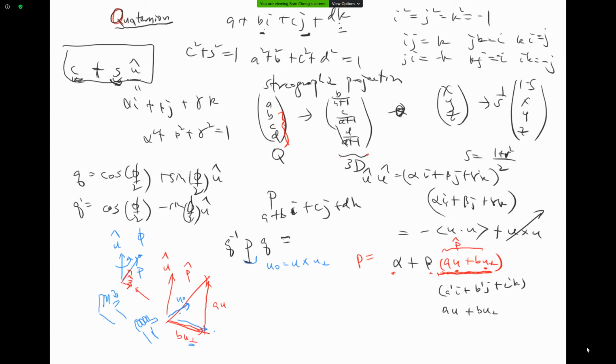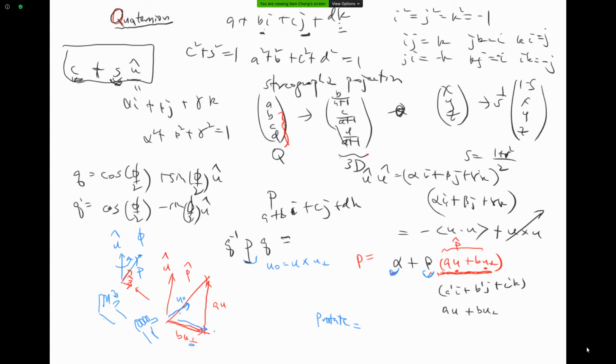Then what will be rotating P by 5 degrees? If you look at the P vector, what do I expect? The real component doesn't change when I rotate. This alpha and beta only affect the scale or the length of that vector, so they don't affect the orientation.